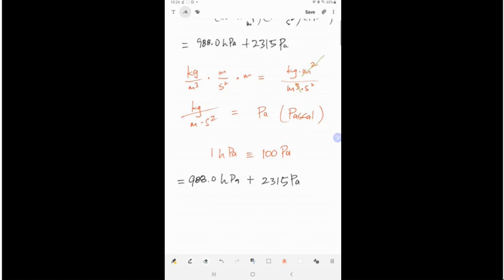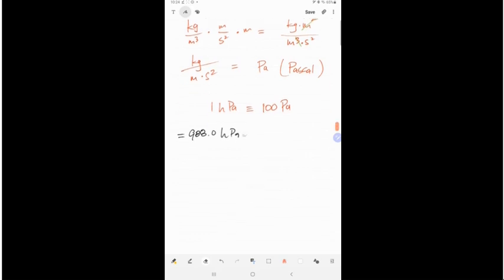Let's try and see if I can do a bit better. 2315 PAs. Let's do it like this. There is 1 hectopascal for every 100 pascals. Okay?